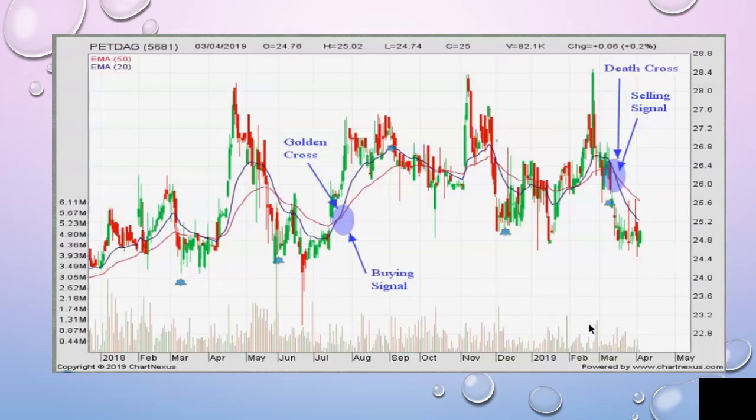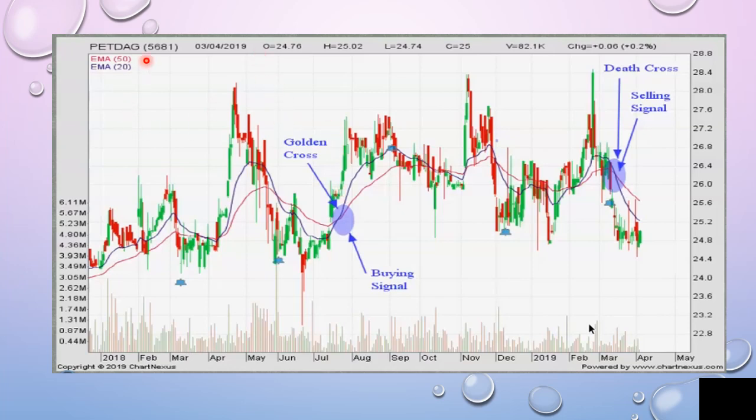So this is an example of exponential. You can see that you can make a comparison between two graphs. For example, for your graph, you do the SMA with double SMA, and then you do another graph with EMA.